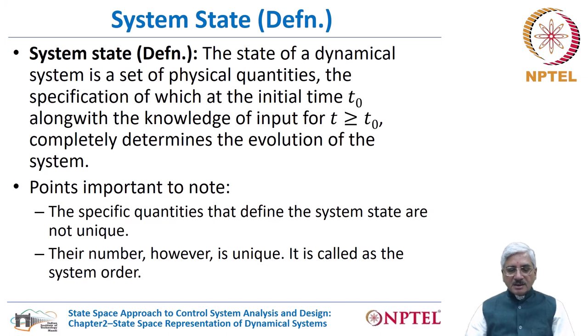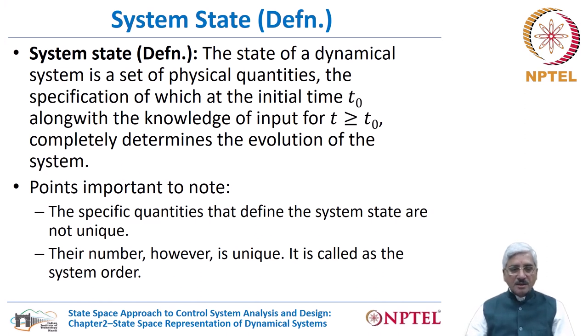But the thing is that at t0, we have the knowledge of the set of physical quantities, and from t0 onwards, we have the knowledge of the system input. Based on these two things, we will be able to determine the state of the system subsequently.